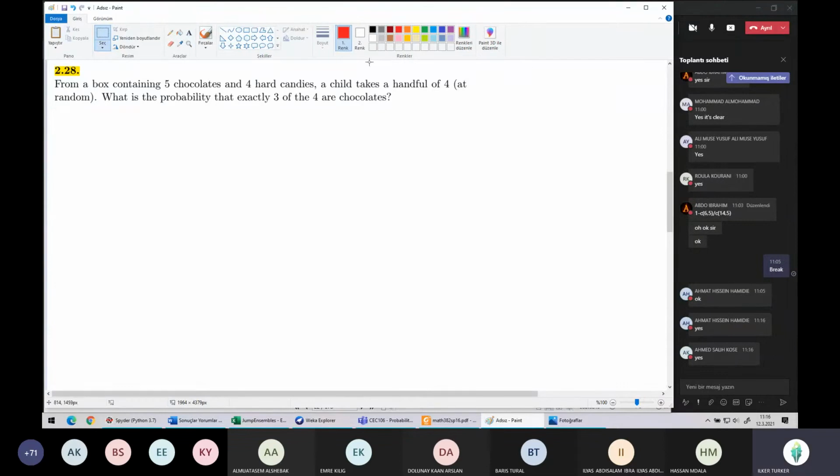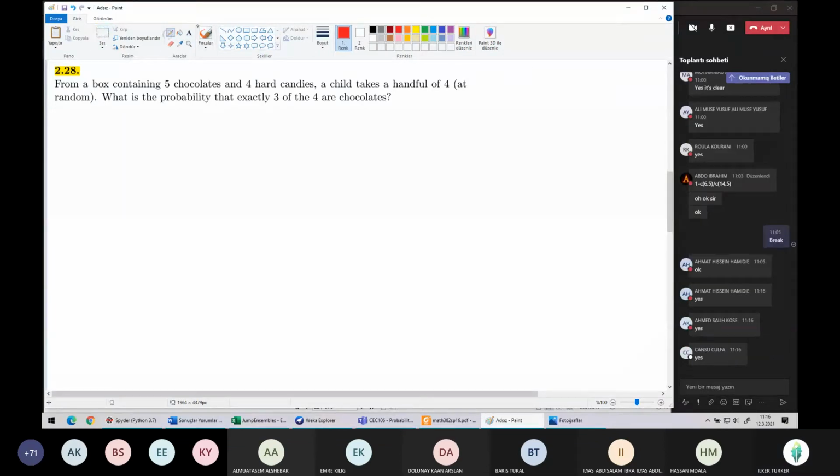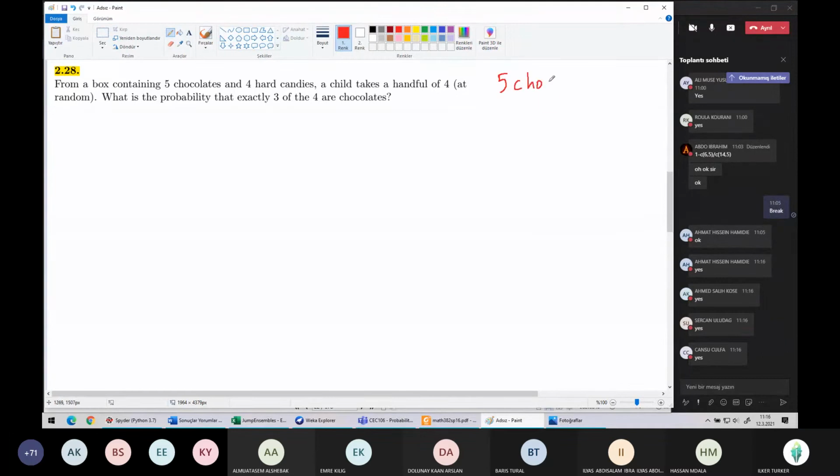From a box containing 5 chocolates and 4 candies, a child takes a handful of 4. Select 4 of them. What is the probability?